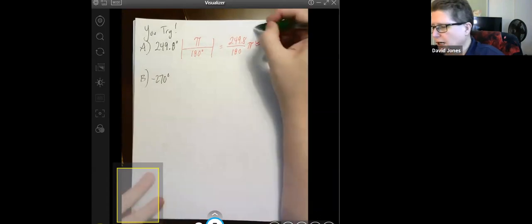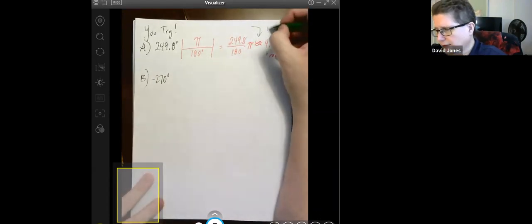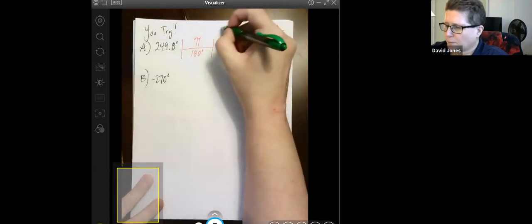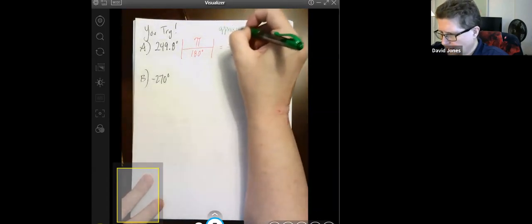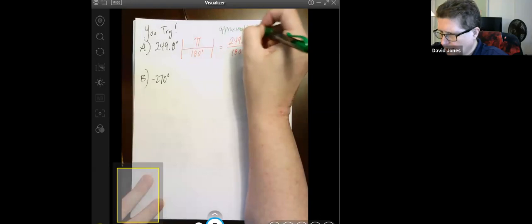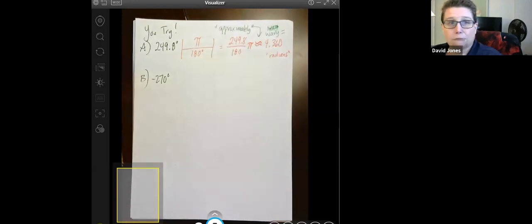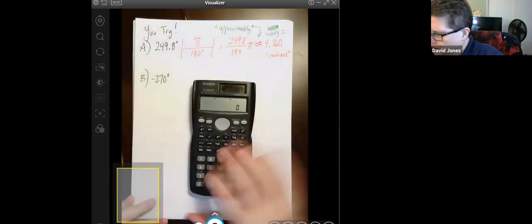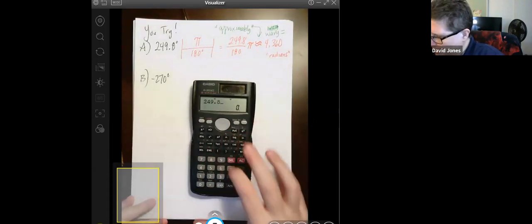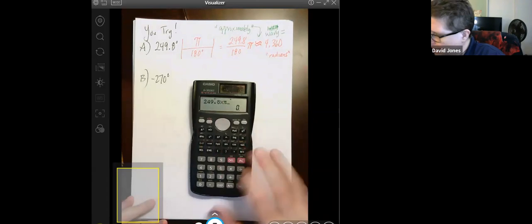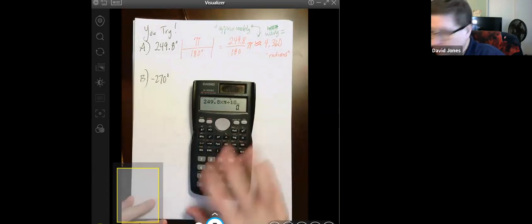This symbol right here, a wavy equal sign, means approximately. Effectively, it means I rounded. That's what approximately means. I rounded to that. What was it exactly? 249.8 times pi divided by 180.